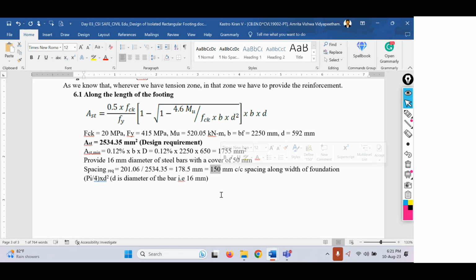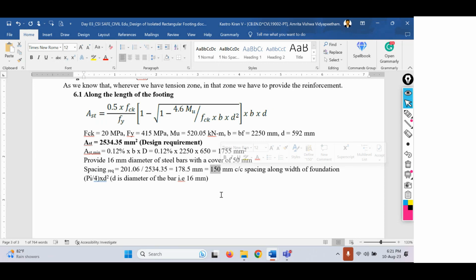So the more spacing you provide in the reinforcement, the fewer will be the number of bars. When the number of bars is fewer, the spacing between the reinforcement will be very high. When the spacing between the reinforcement is very high, the distribution of the loads or the distribution of the moments will not happen properly.